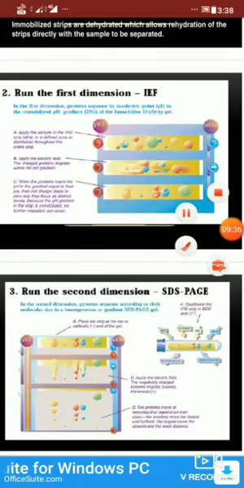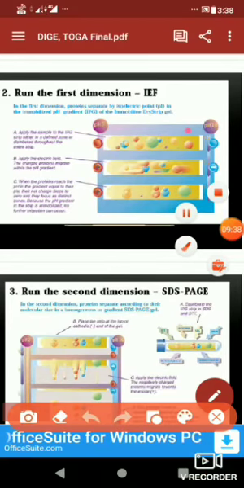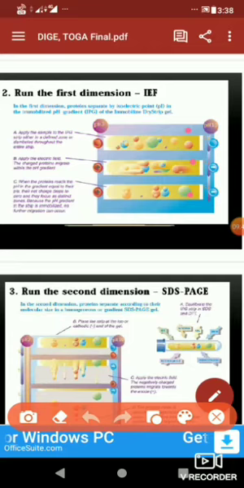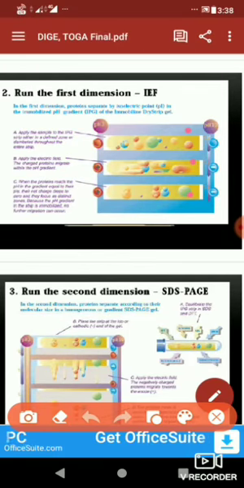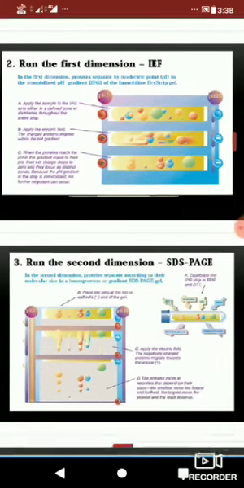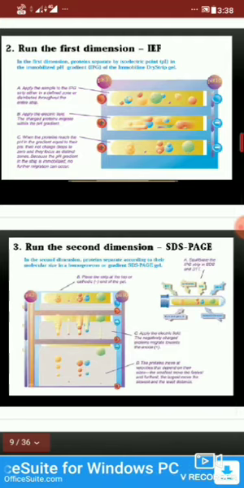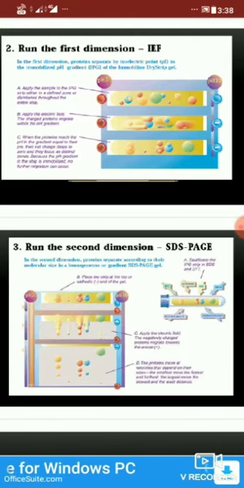Proteins have been placed here, here, and here, right? And they start migrating from negative to positive, and the migration will be based on their isoelectric point. Each protein has a different isoelectric point. Once each strip has been run, proteins have been separated based on the isoelectric point.